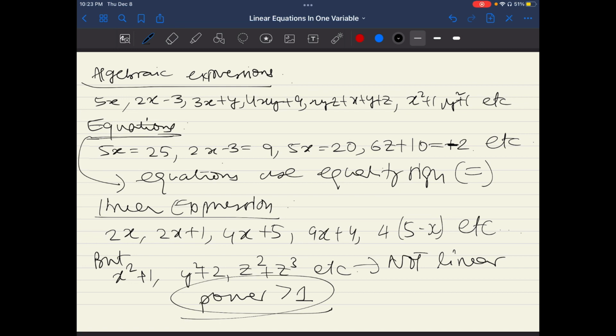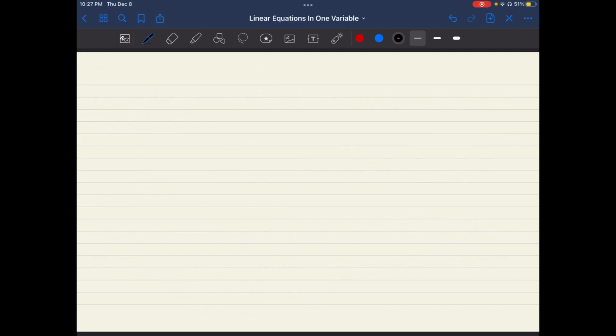For linear expressions and linear equations, the power of the variable will always be 1. In this chapter, we will only be dealing with linear equations in one variable.